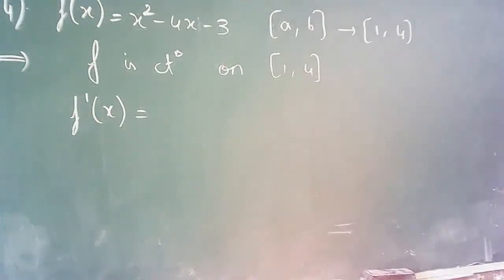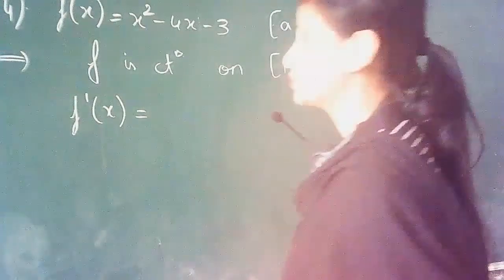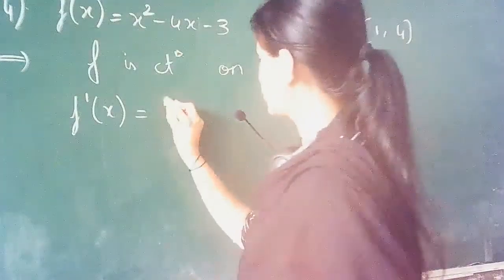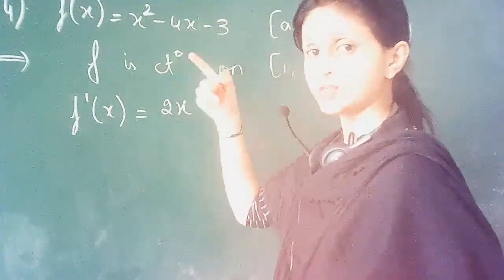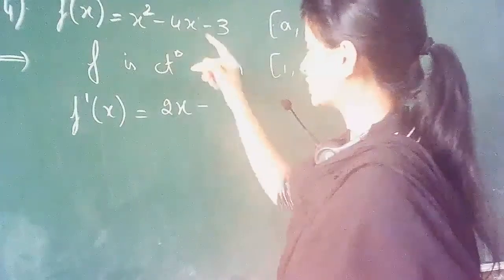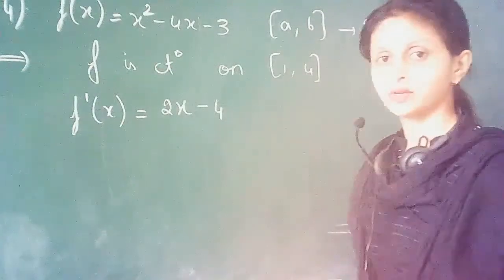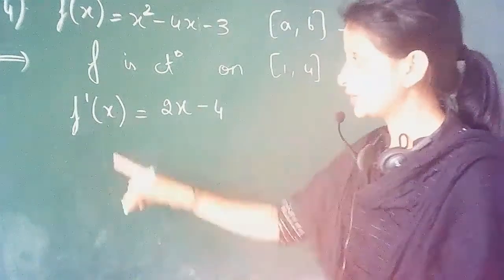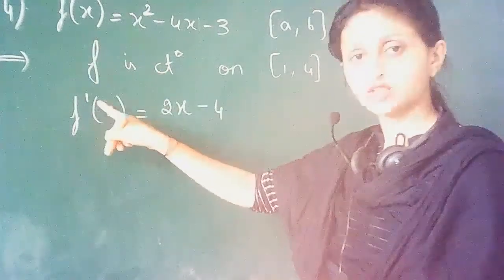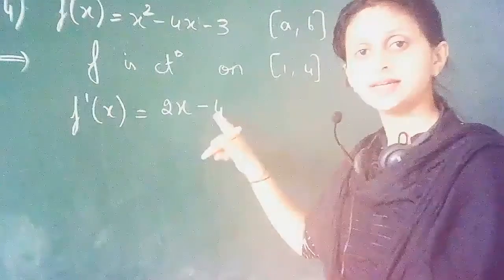We will get 2x minus 4. Observe here. X square differentiation is 2x. Minus, what is differentiation of x? It is 1. So minus 4x differentiation is minus 4. Next, minus 3 differentiation is 0. The differentiation of this function f is f dash of x is equal to 2x minus 4.